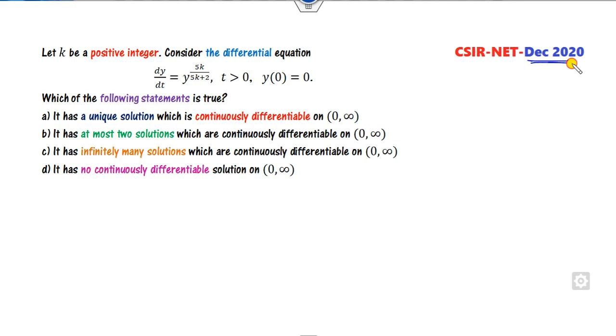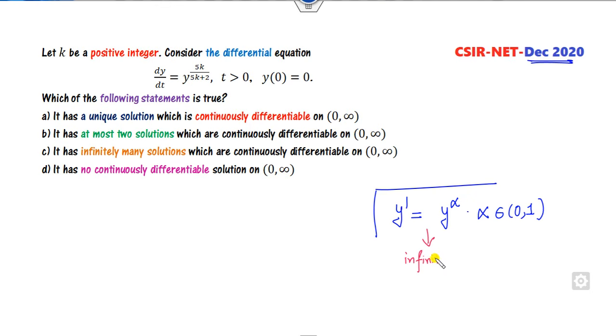This is a question from December 2020. Now what is the tip for you? Instead of reading the question, whenever there is a question of y dash is y raised to power alpha, where alpha belongs to (0,1), then it always has infinite number of solutions. That's a simple tip for you.